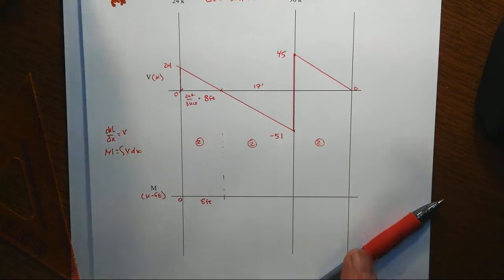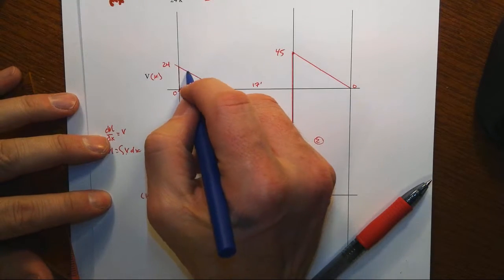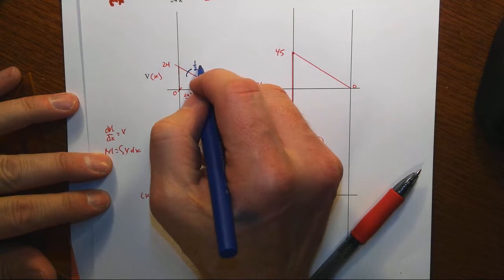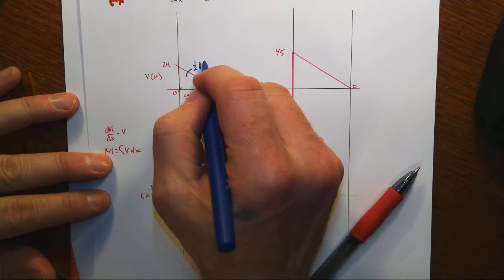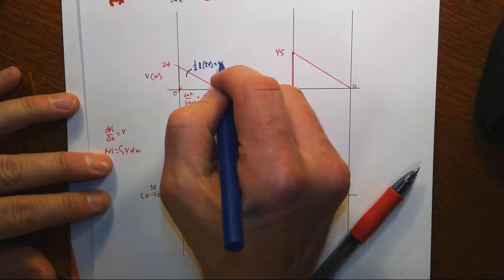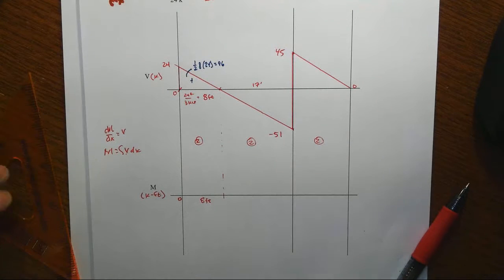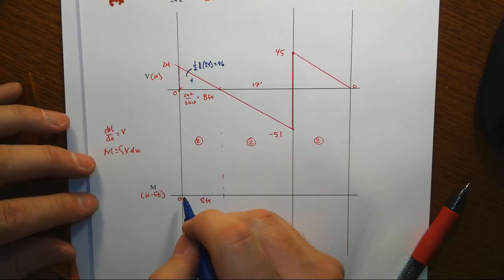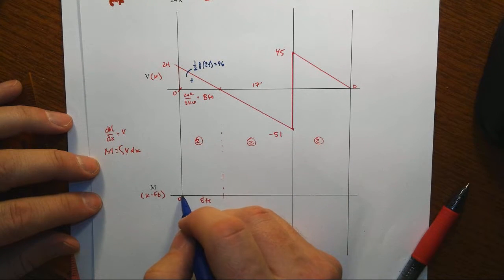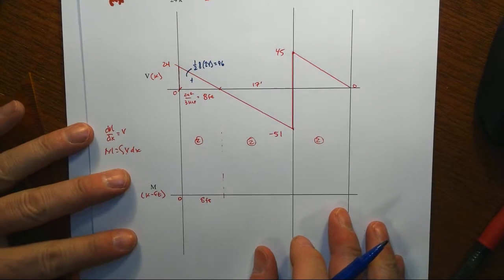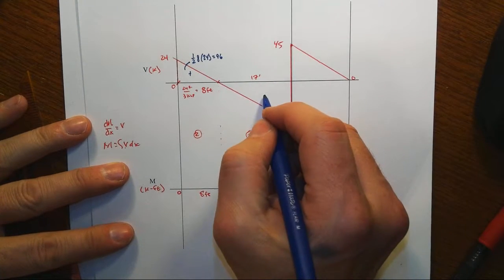That change in the moment will be given to us here. Integrate the shear, so 1/2 of 8 feet times 24, that would equal 96. That is of course a positive area, so we're going to go up to 96. That's the delta, but we start off at 0, so we'll be up to 96. Now, before I go draw that, let's find out what's going to happen next.